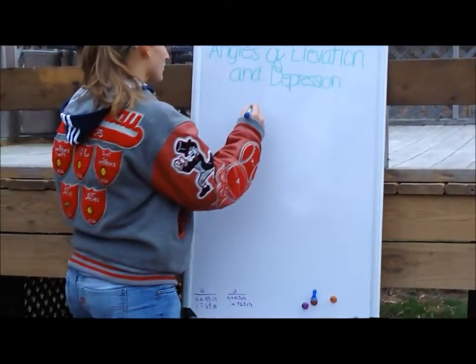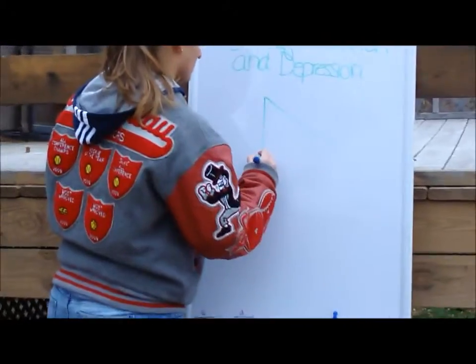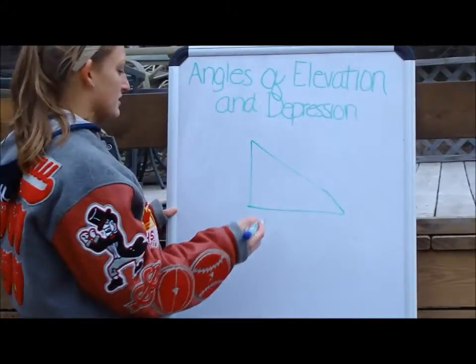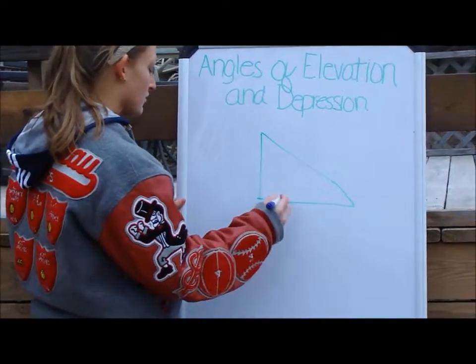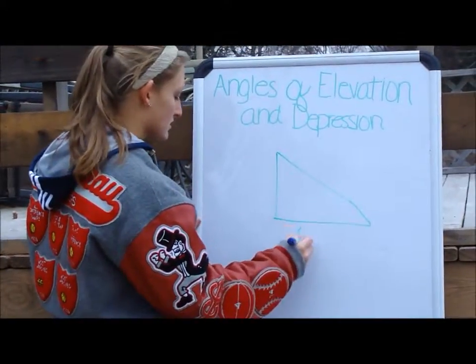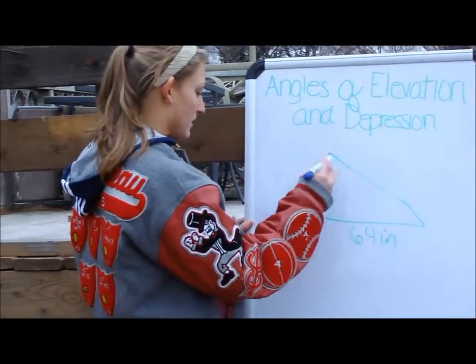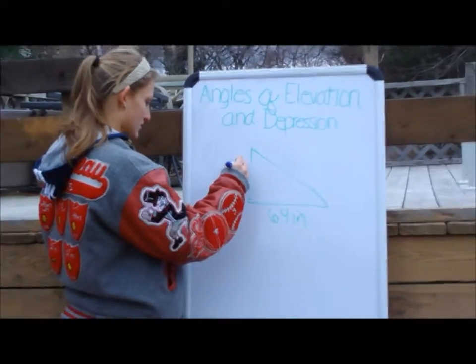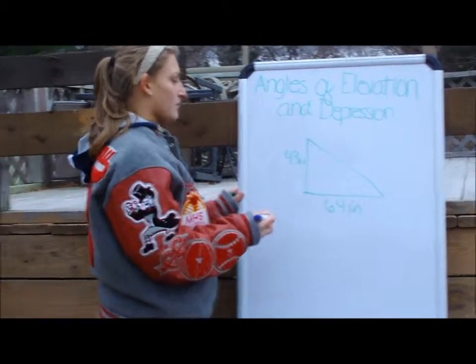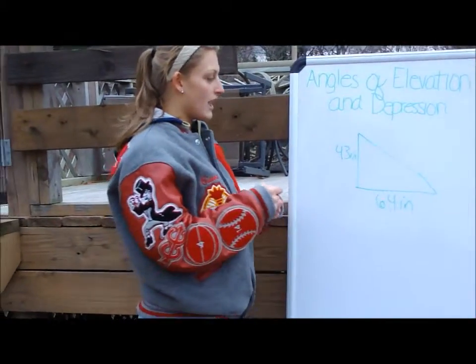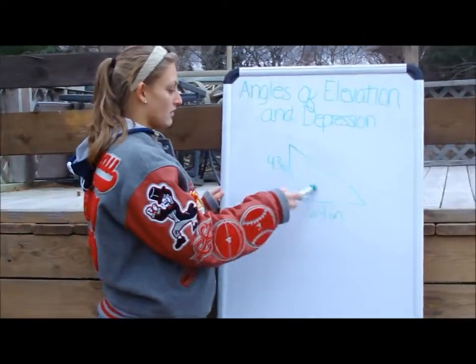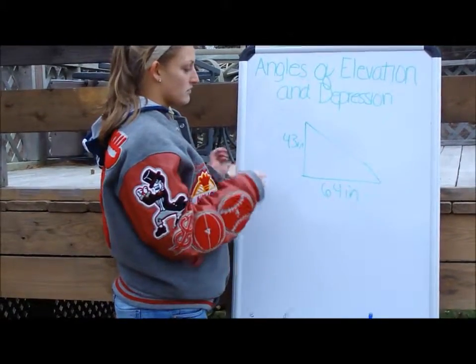So, all in all, when I draw this out, you get something that looks like this. You have a triangle, with the length being 64 inches and the height being 43 inches. Now we want to find the angle of elevation of these stairs from the ground.